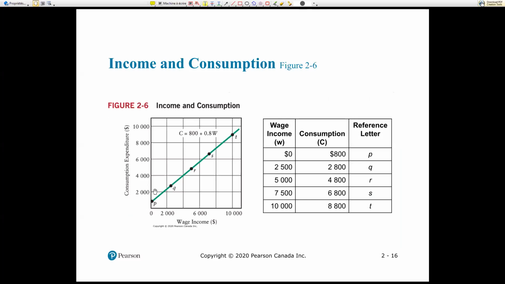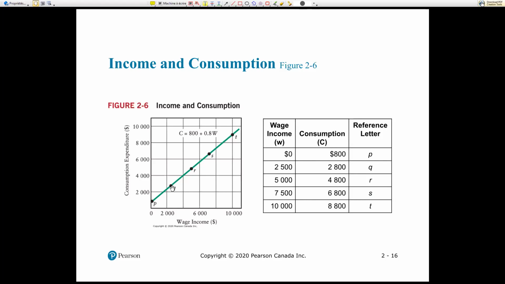This is the way you would graph it. Again, if I take a vertical line, there's a single value for my function at every point. Then I can express it in a table. If wage is 0, then I get consumption of 800. If wage is 2,500, then consumption is 2,800.